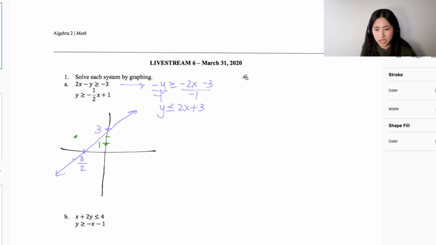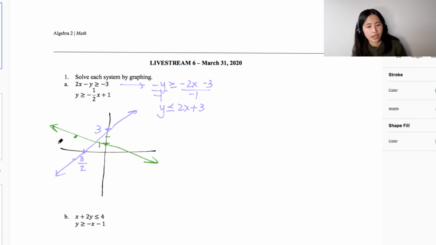So apparently this app doesn't give us any line that we can draw, so we're just going to do this manually, drawing our line. So as you can see, this is our line. I know it's a little bit crooked, but just deal with it. As long as you know that it's passing through these points, you should be fine.